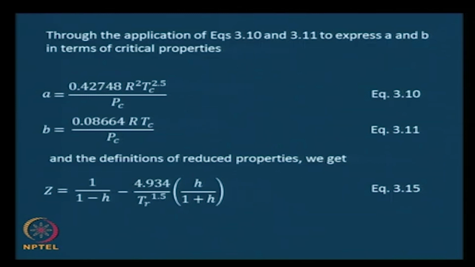The advantage here is that you have only TR, the reduced temperature, and h of course is given in terms of PR and TR. So, PR and TR relationships would be applicable in general, and therefore, this expression's applicability becomes a lot more general.